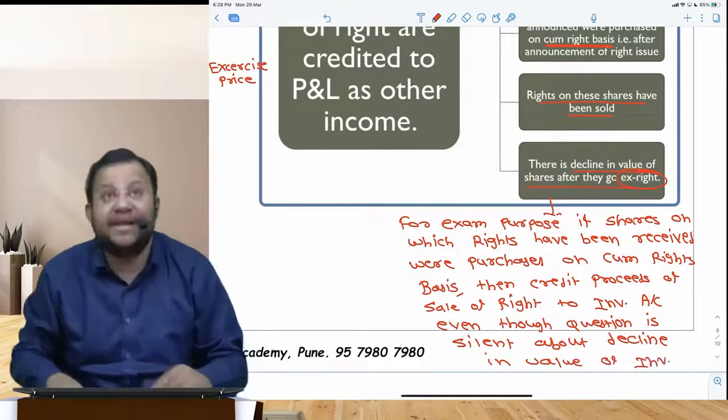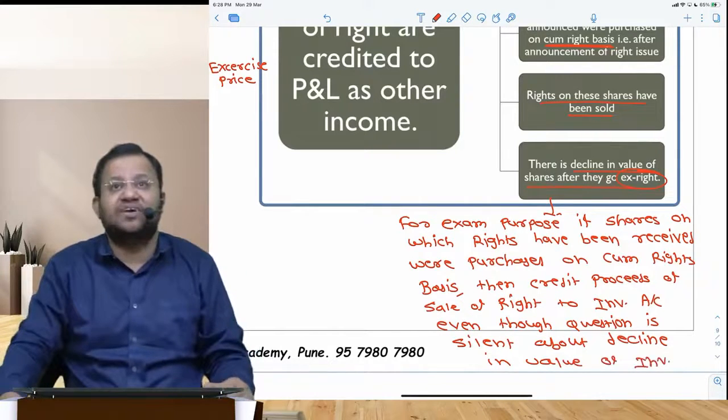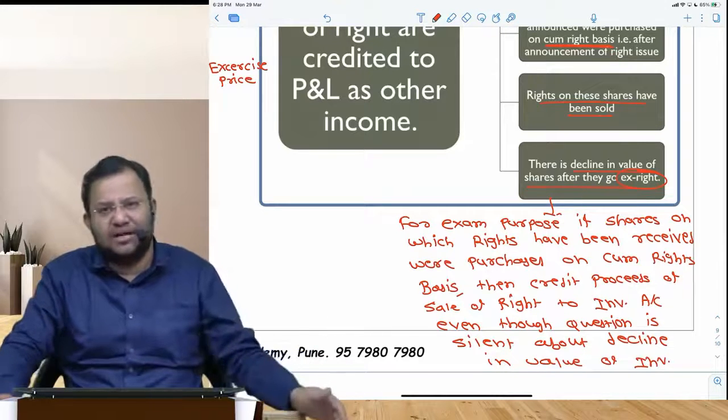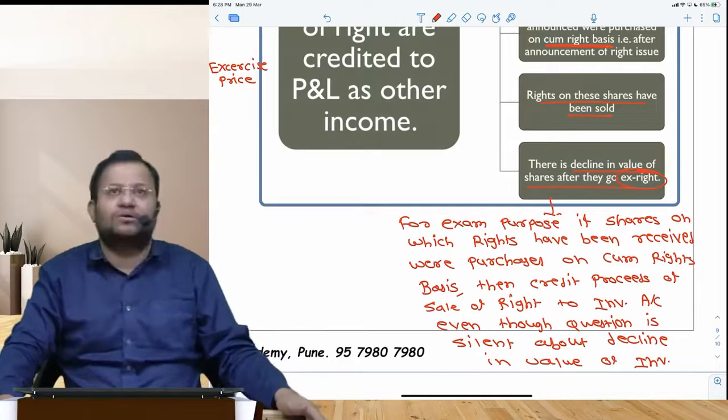Logically you should compare proceeds from sale of a right with the decline in the value of investment, but if it is not given, then nothing, sit quietly and credit it. Thank you.